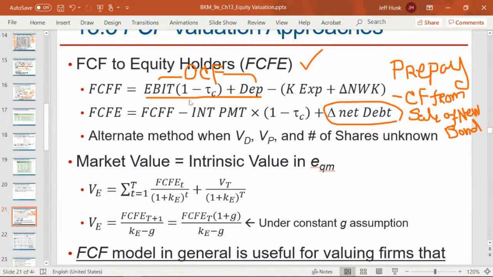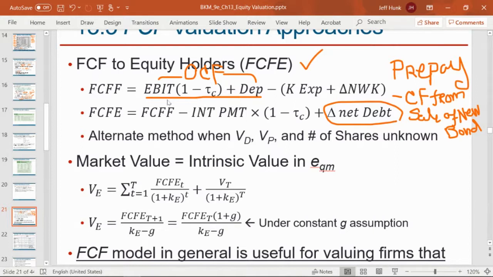EBIT times 1 minus tax rate. So then tax is already subtracted, right? Because this 1 minus T tax rate will leave only the after-tax earnings.